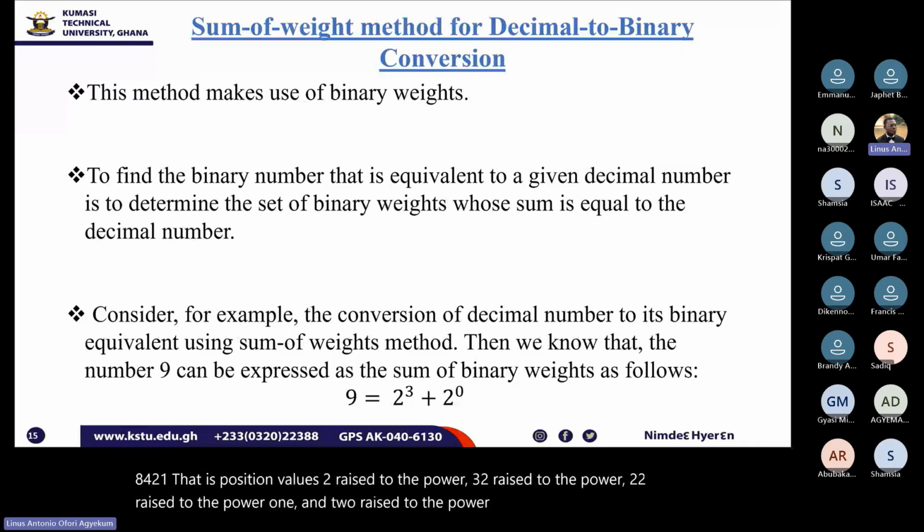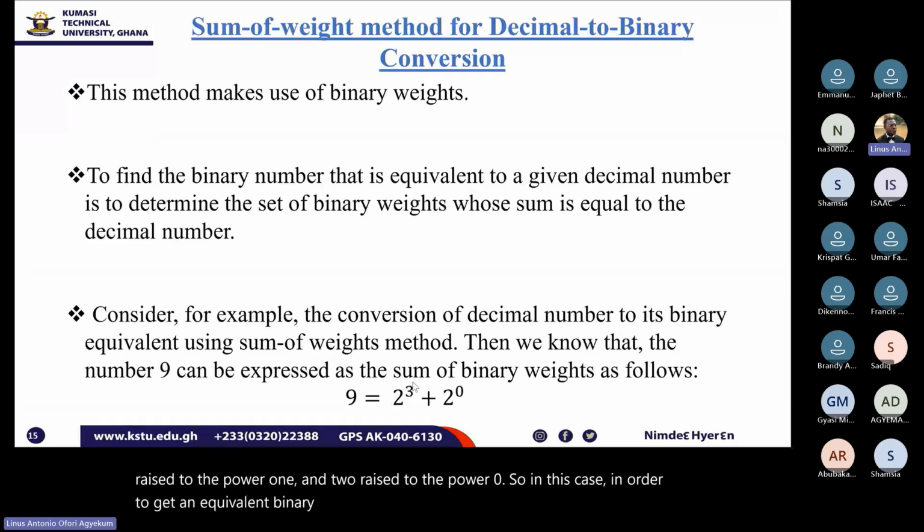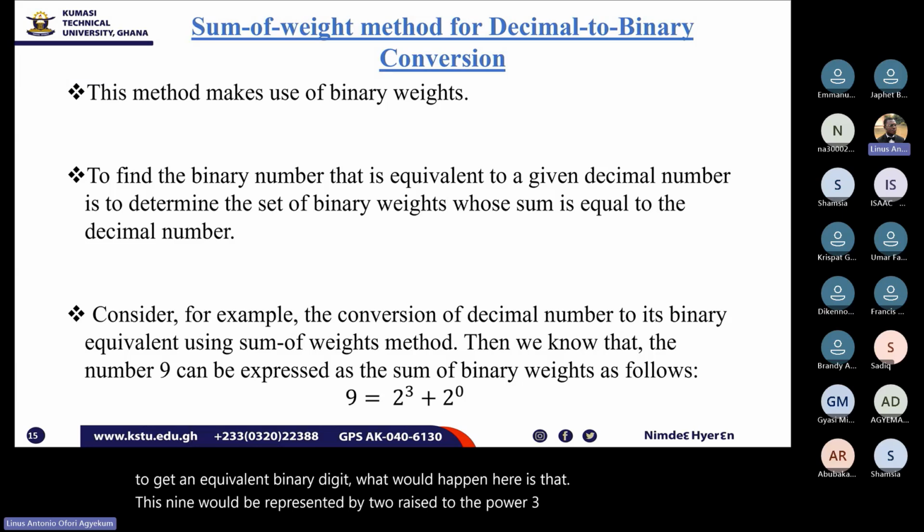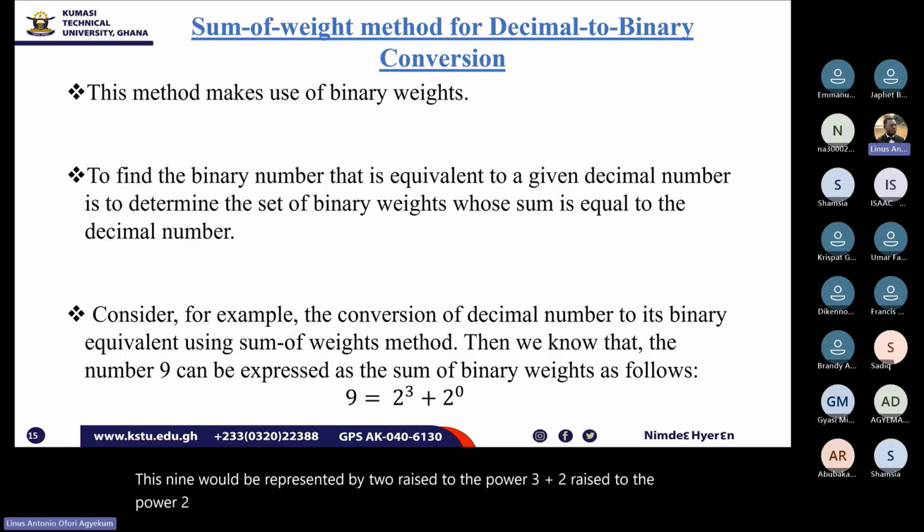So in this case, in order to get an equivalent binary digit, this 9 would be represented by 2 raised to the power 3 plus 2 raised to the power 2 plus 2 raised to the power 1 plus 2 raised to the power 0. Now, which of these combinations would give us a total of 9? When we find those ones, those are the position values that will be 1 in our binary.